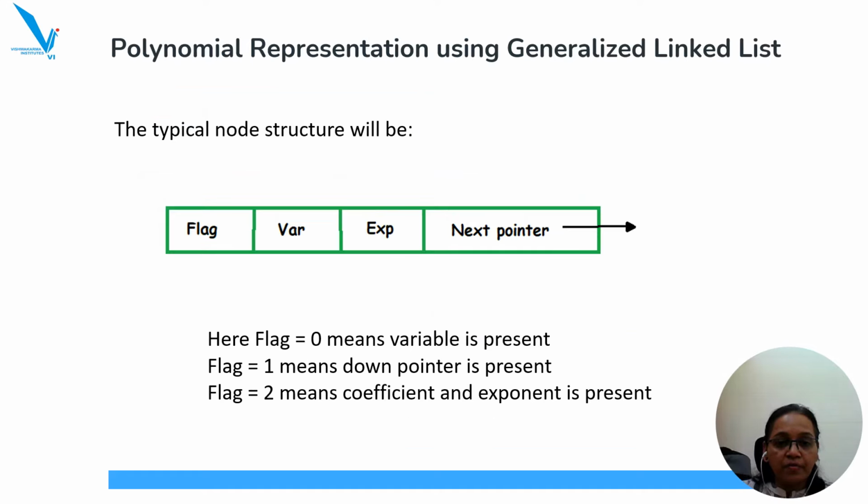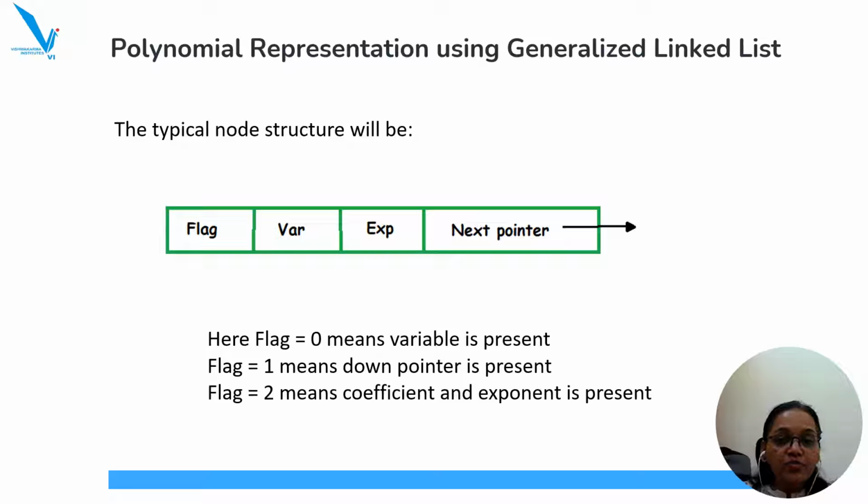Now very important is how polynomials are represented with the help of GLL. The typical node structure for a polynomial is flag, variable, exponent, and next pointer. The flag value is very important. If your flag is 0, it means that a variable is present, like x, y, z, w, v, m, n.